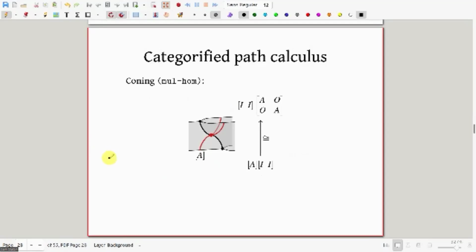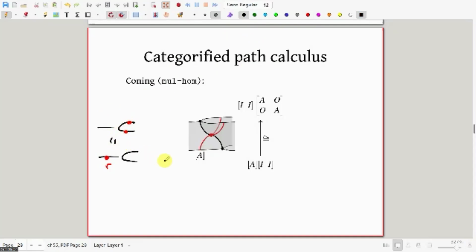So before we had this equation in the path calculus. Something in your ring there can be copied over like that, and these are equal.